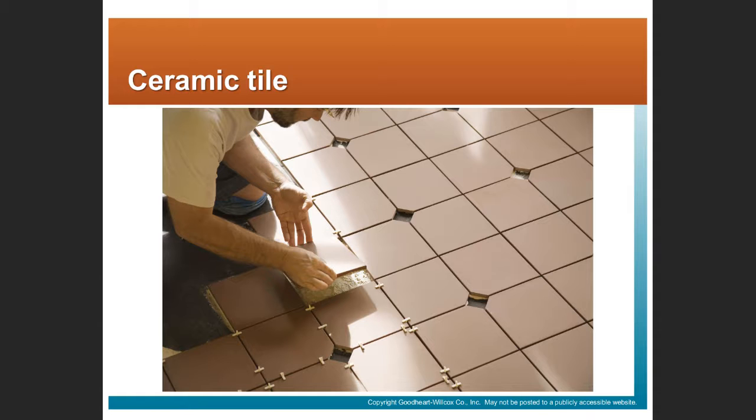Remember that bond coat and grout are also made from cement, just like the concrete is. The mortar that we saw with masonry units is also made with cement, just different ways of mixing up that material. So again, that ceramic tile is going to be laid in a bed of a bond coat.